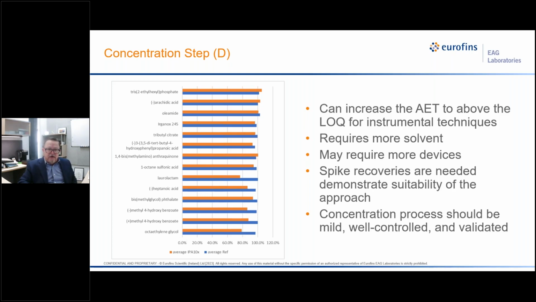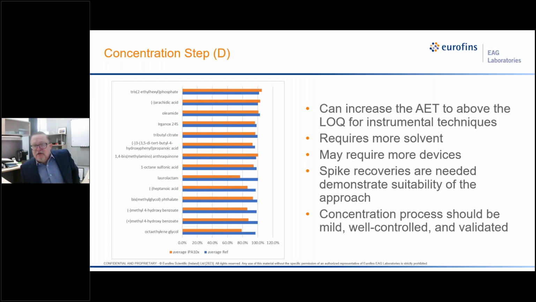The other thing that you will need is you'll need to be able to defend that concentration step. So one, it needs to be very mild conditions. You need to have it well controlled. And I would encourage you to validate that concentration step, so you can repeat it and use that same approach in the future. This is all important because ultimately you'll be required to demonstrate through spike recovery experiments that you get good recovery on a diverse set of surrogate standards.